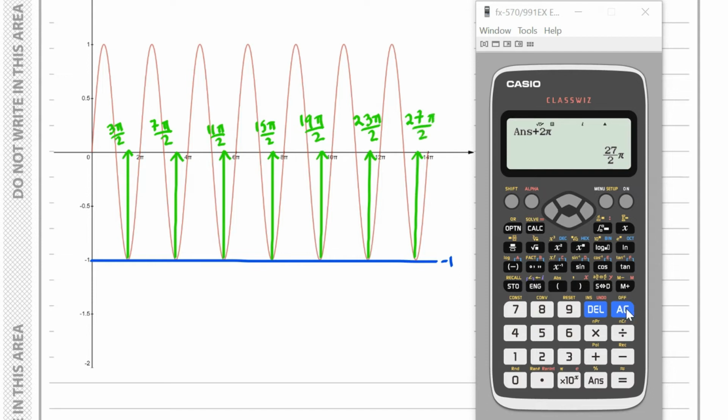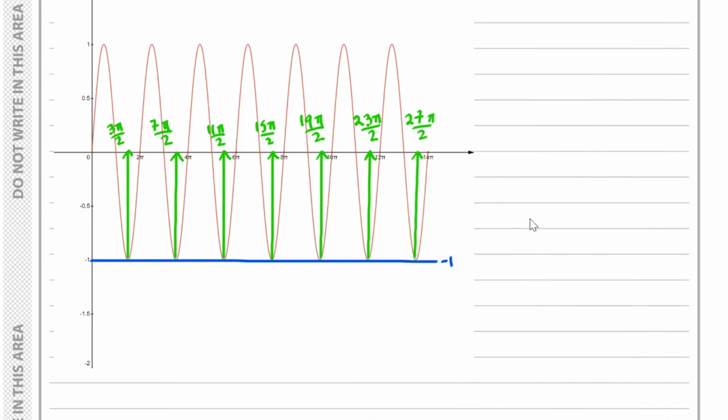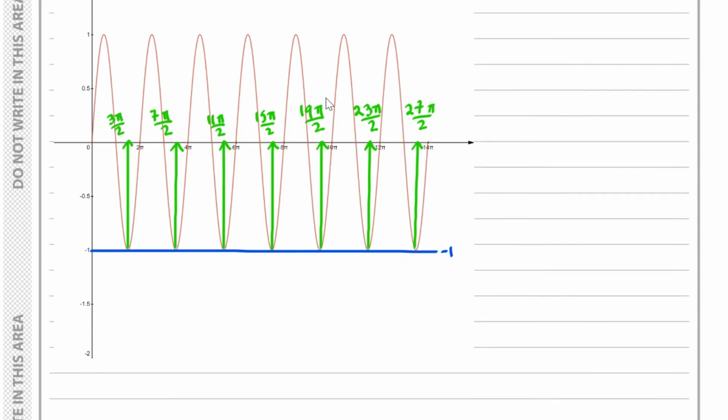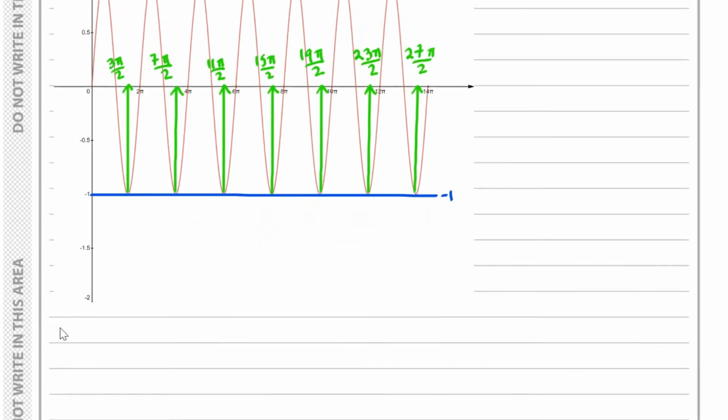So what does all this mean? Well, what this means is that 7 theta is going to equal 3 pi over 2.